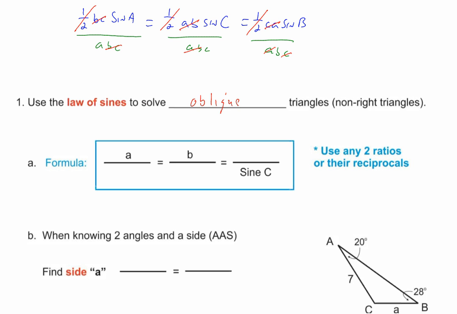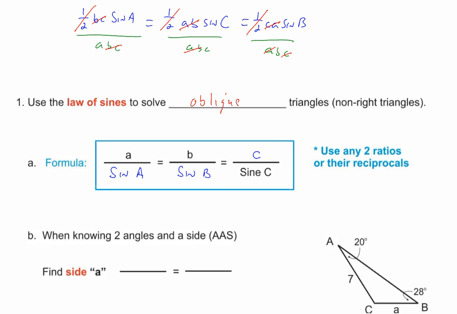Generally, the form is, instead of putting the sine and the angle on the top, we put the side on the top and its function on the bottom. So what's the formula? Side A divided by the sine of angle A equals side B divided by the sine of angle B equals side C divided by the sine of C. And again, I use the abbreviation in my signs.